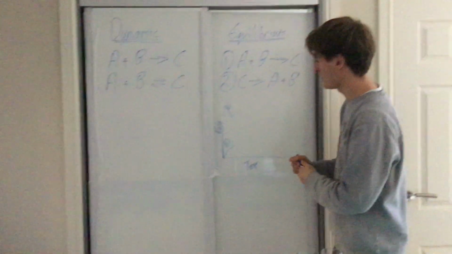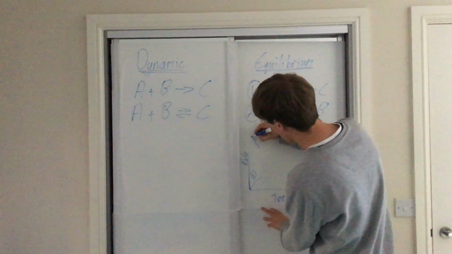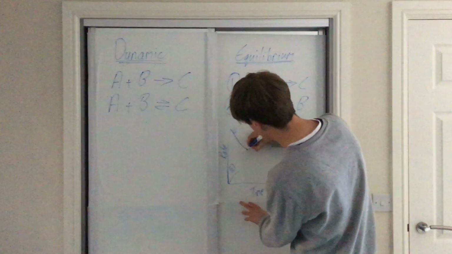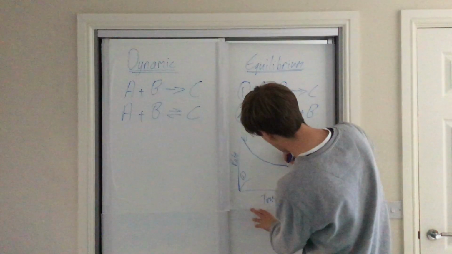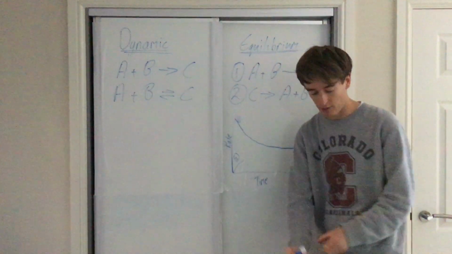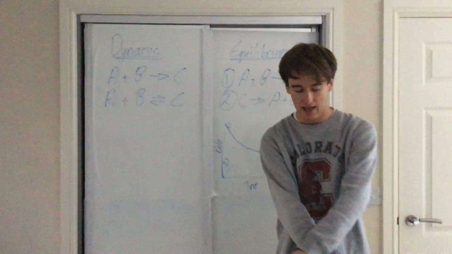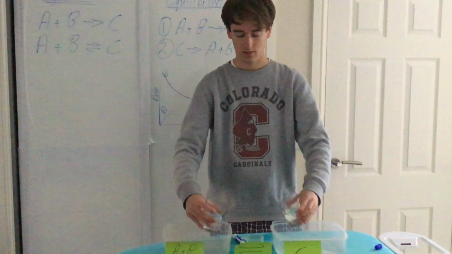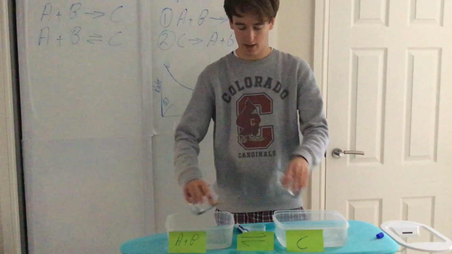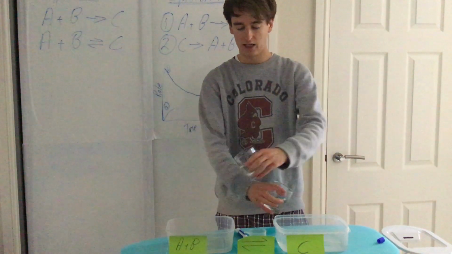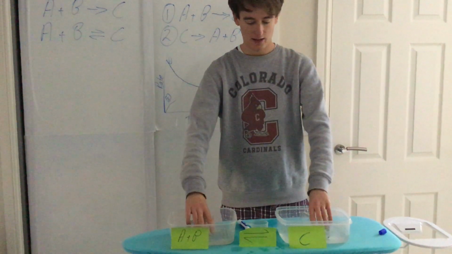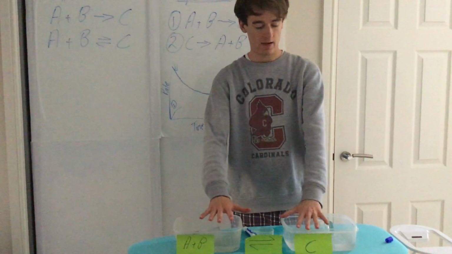What that means as we track this on our graph is that one has slowed down in this exponential shape and plateaued. We can now do this all day, all year, and there will be no change in the concentrations of A and B or C.